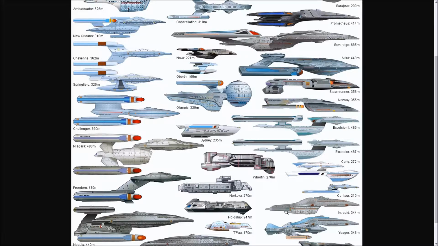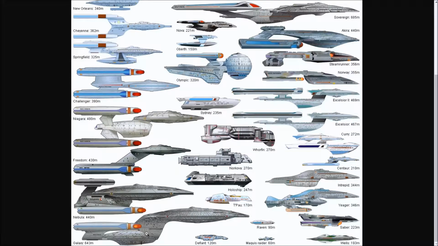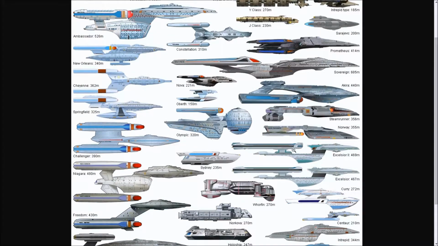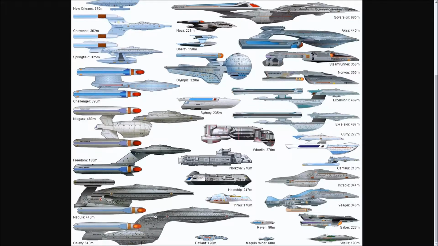However, it is important to note that I believe from what I read, they came out at a similar time period, so it is probable that they have a similar technological sophistication with the bioneural gel packs, which are supposedly an improvement over whatever the Galaxy class has, and a whole host of other differences, like more powerful holodecks and a bunch of different things that are supposedly better than the Galaxy class. Or at least when the Galaxy class first came out.